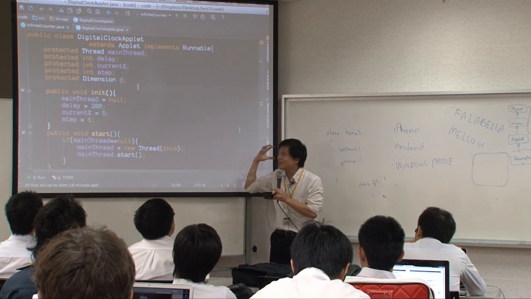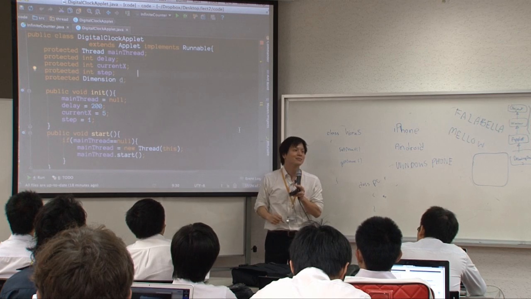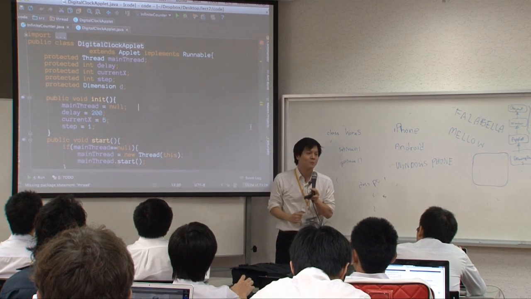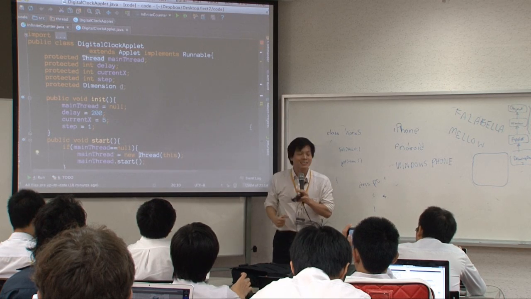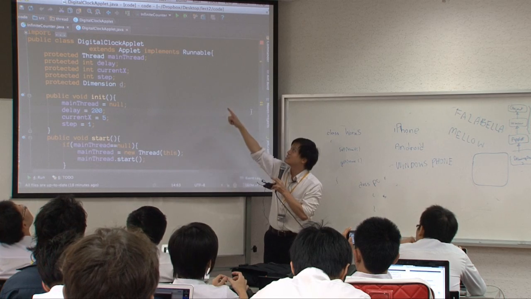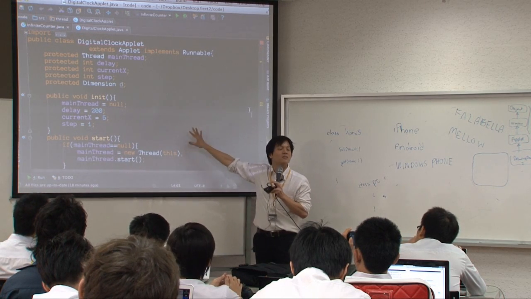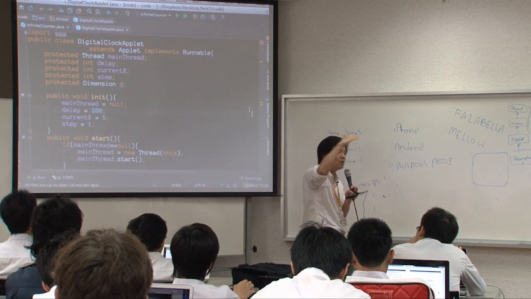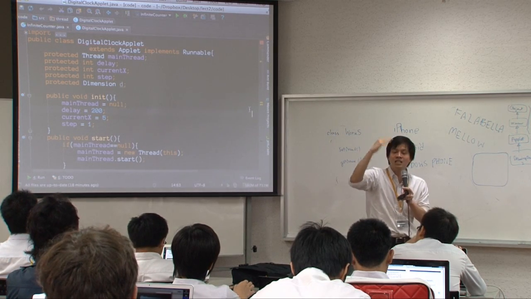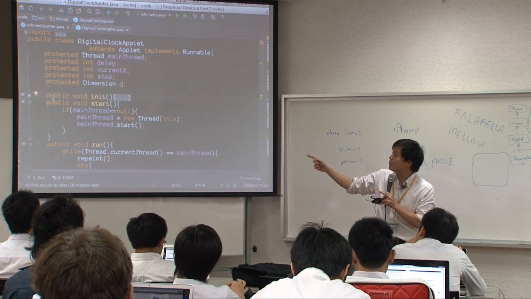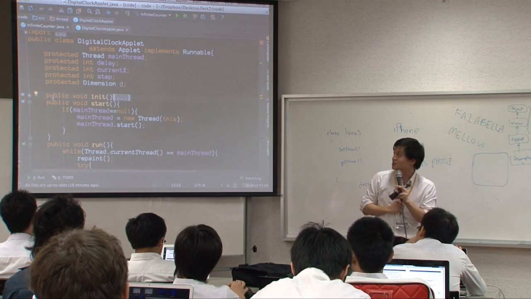Because in the header of DigitalClockApplet, we promise that we implement Runnable, right? The compiler, when it needs to compile this line, checks whether DigitalClockApplet implements Runnable, and at the same time it needs to verify that inside the definition there exists public void run, right?